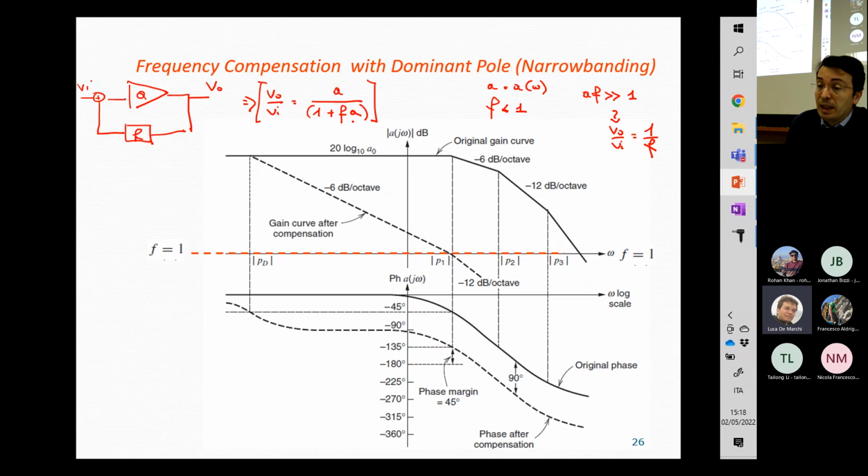But what we have discussed in the previous class is that we can even look purely at the product f times a and apply the Nyquist criterion. This quantity is the so-called loop gain. It is also referred to as T. It is a function of angular frequency, of course.